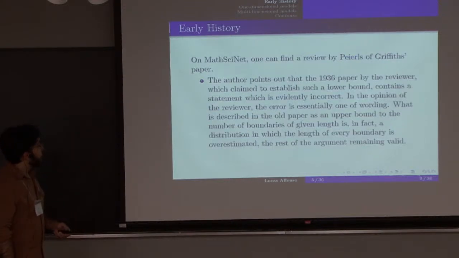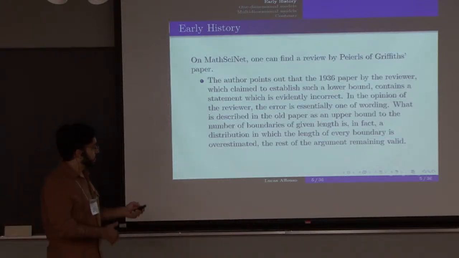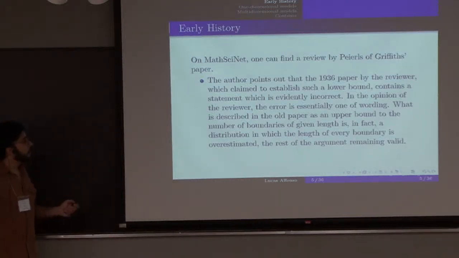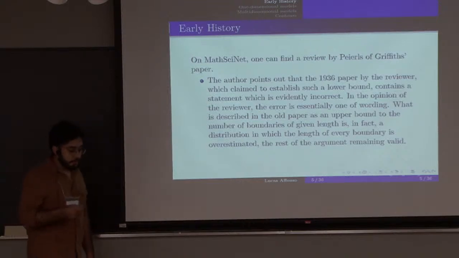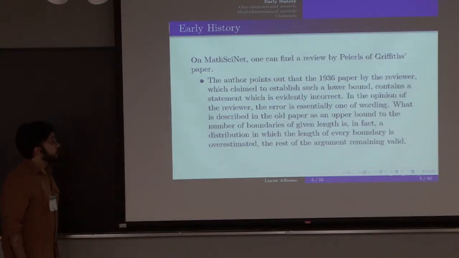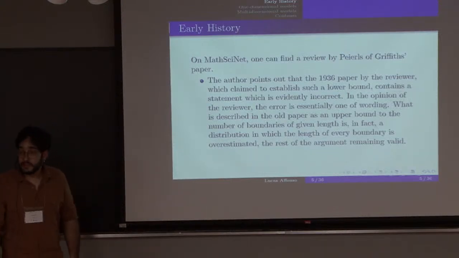And a nice piece of the history of this model is that on MathSciNet you can find a review by Peierls of the paper by Griffiths, because the paper by Griffiths says that the Peierls argument was evidently incorrect, but Peierls says that the error was essentially one of wording. And if you want to see it, this review is on MathSciNet.